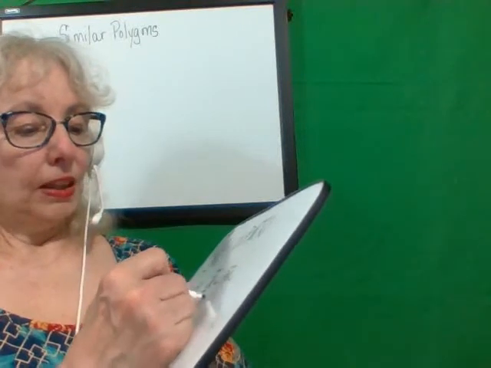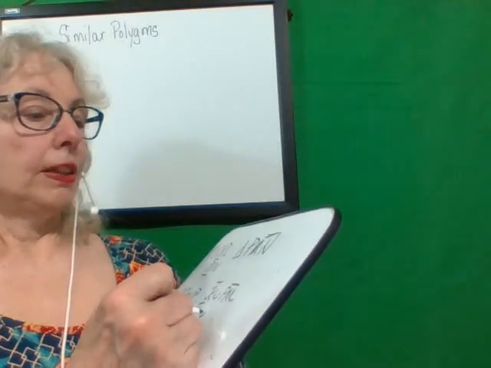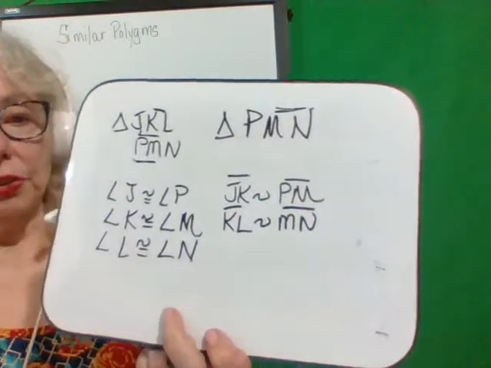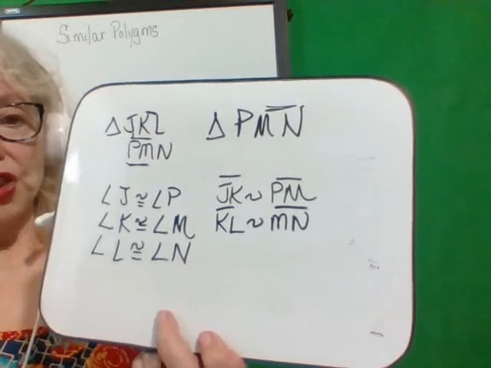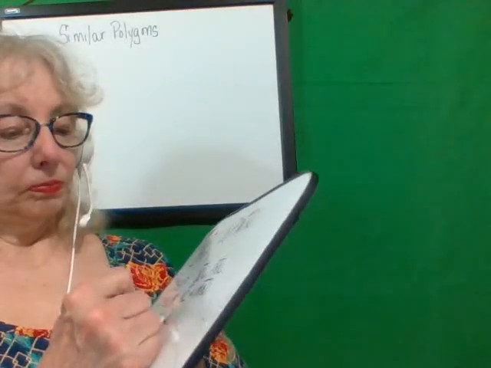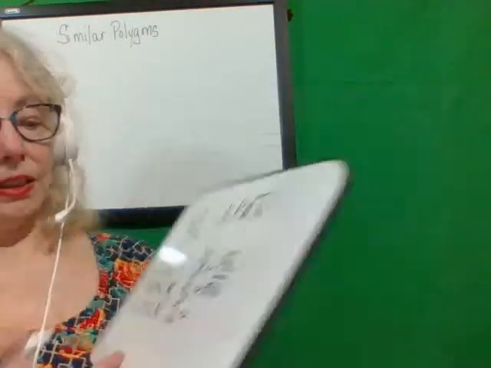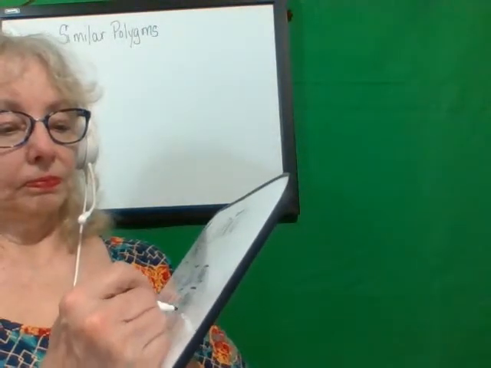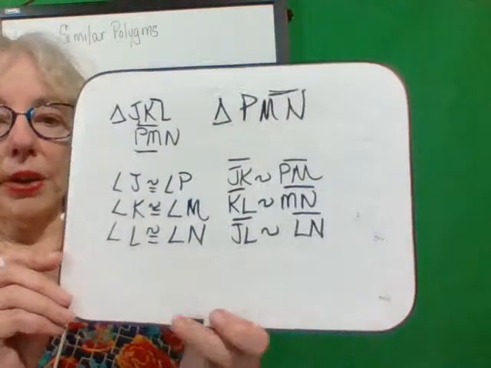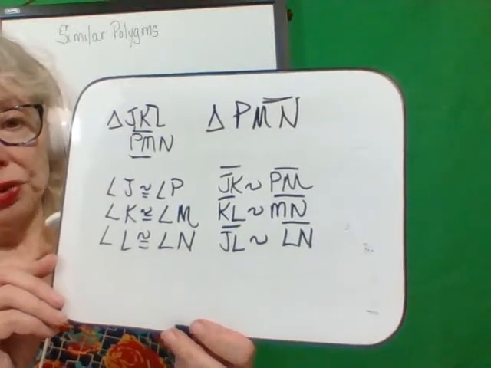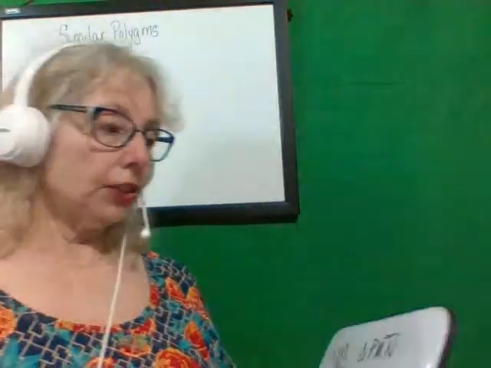KL is similar to MN. And then for our last one, we do the first letter and the last letter. JL is similar to PN. And there we have our congruent angles and our proportional sides. Okay, that's your example for number 1. All right, you'll be able to do another one on your own.